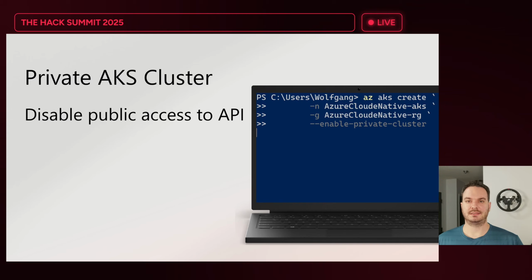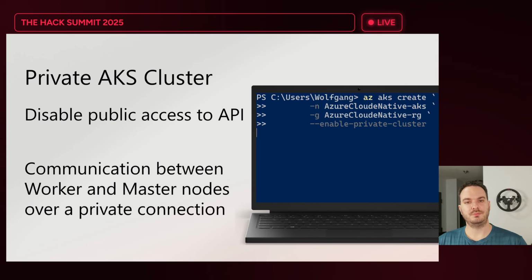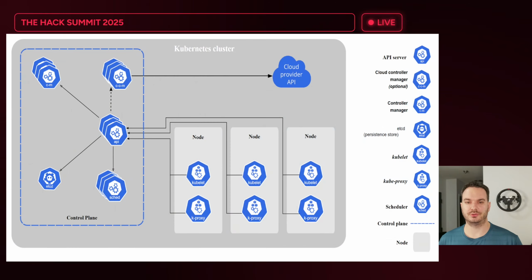If you want to access the API, you have to go through this private endpoint. This also means all the communication of the worker and master nodes is over a private connection. So if you have the API private, nothing changes in the connection between master and worker node.